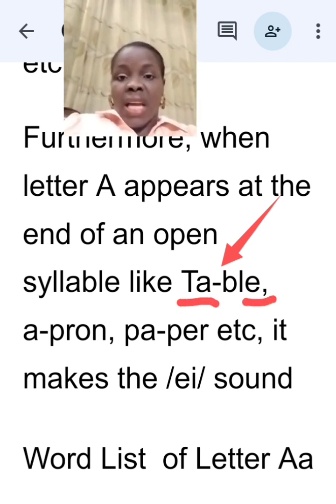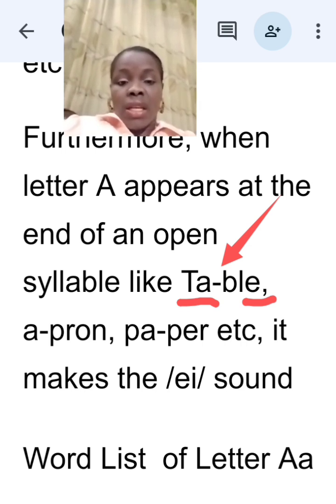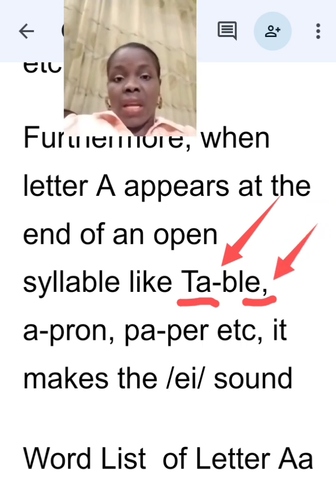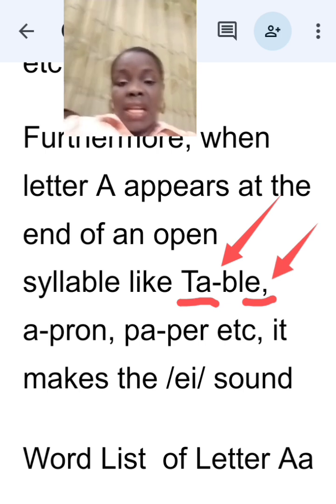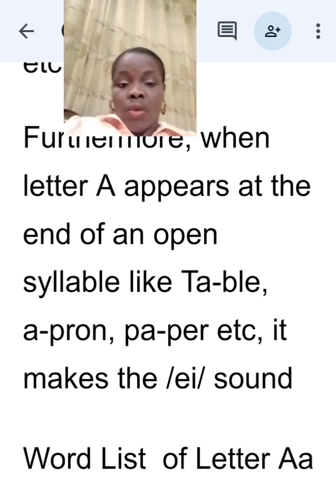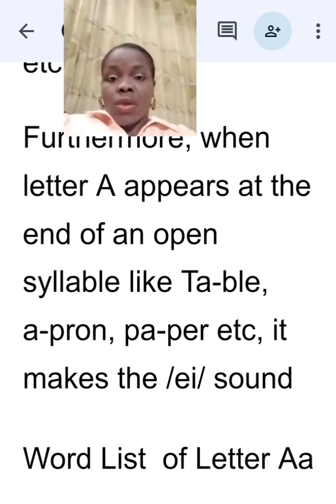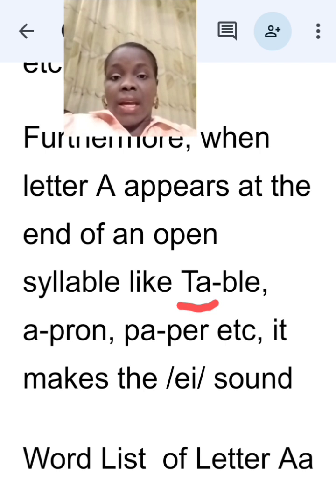So when we say at the end of an open syllable, T-A is the first syllable, B-L-E is the second syllable. So when we say at the end of an open syllable, we are referring to this. In TA here, letter A ends the first syllable.